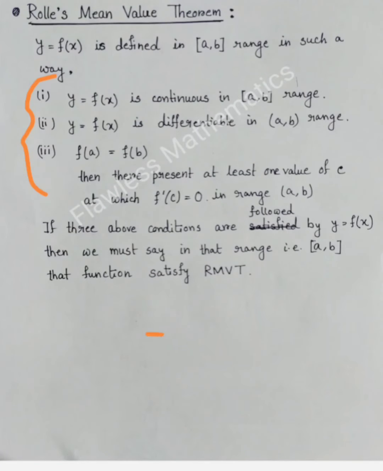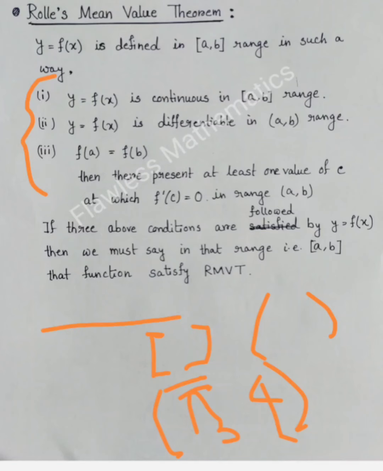What is the difference between this third bracket and the first bracket? The third bracket means we consider the point exactly. If we have 3 comma 4 in the first bracket, the range of that interval is without these two points, just the points nearest to 3 and 4. But with the closed bracket, we consider the exact points 3 and 4.